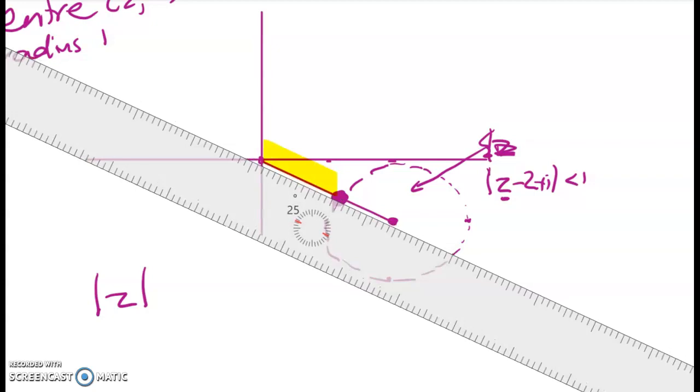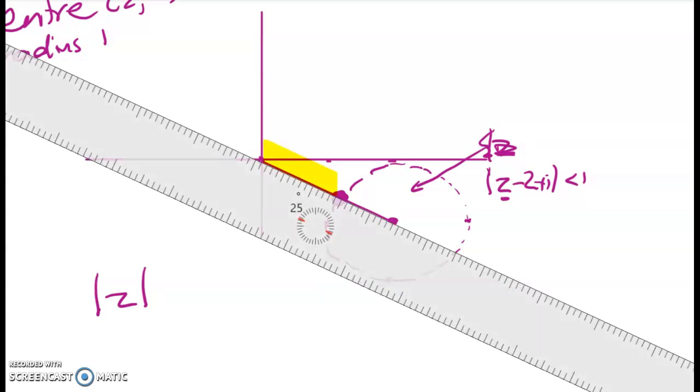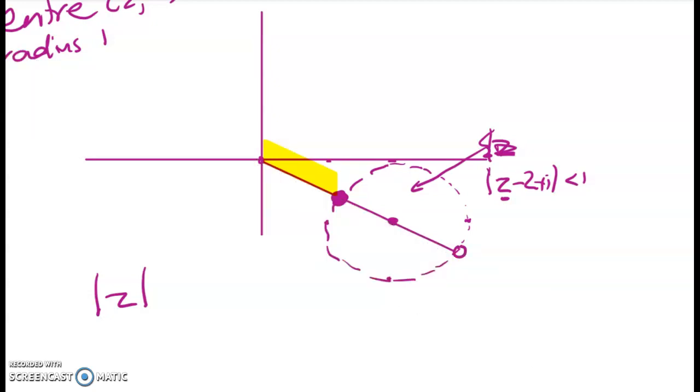And the longest they're going to be is if I continue that line and go over to the other side here, then this is the biggest possible value of the magnitude. Now, that looks quite difficult until you notice that this is the center of the circle.